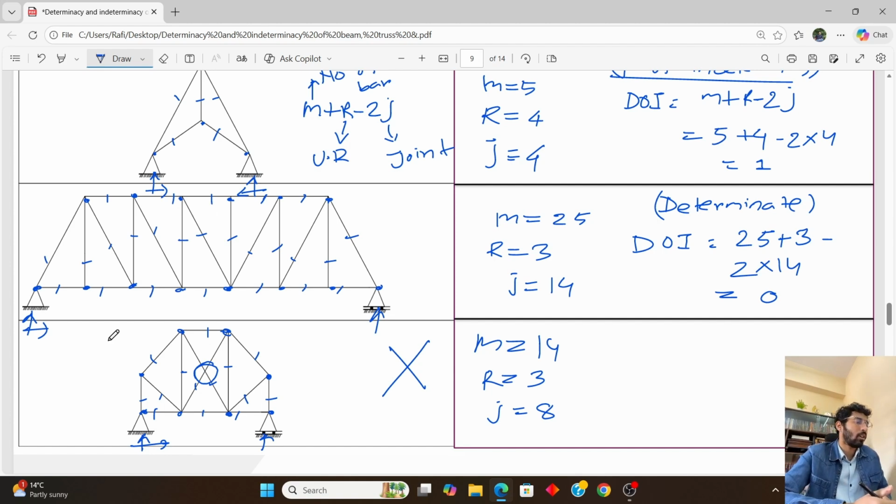So what will be the DOI value? It will be 14 plus 3, 17, minus 2 into 8, that is 16. So the value will be 1, and it will be 1 degree of indeterminacy.